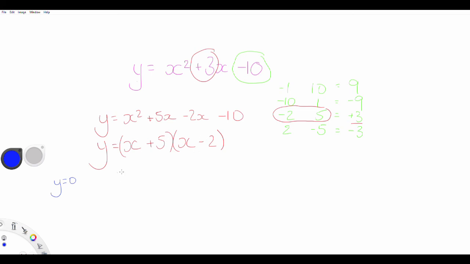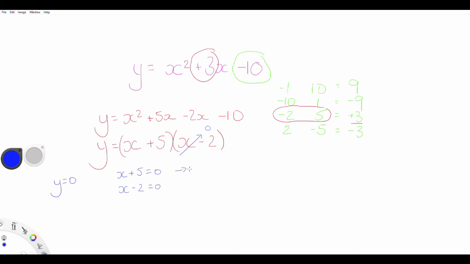So either x plus 5 equals 0 or x minus 2 equals 0. Because if one of these brackets equals 0, doesn't matter what the value is here, that times 0 is going to give you the answer 0. Likewise, the other way around, if you were to make this bracket here 0, times it by whatever the result is here, your y value will be 0. So when y equals 0, these two equations are going to be true.